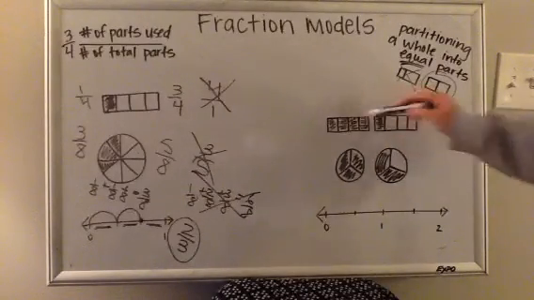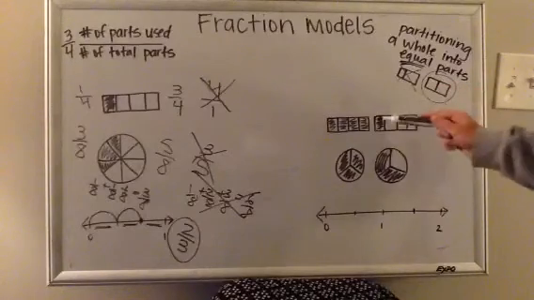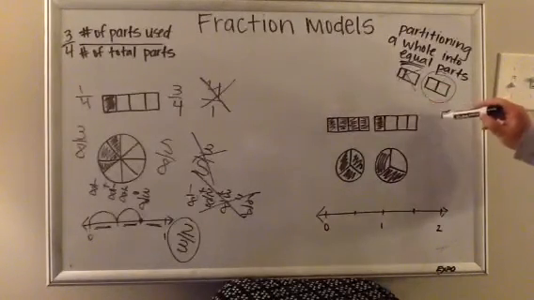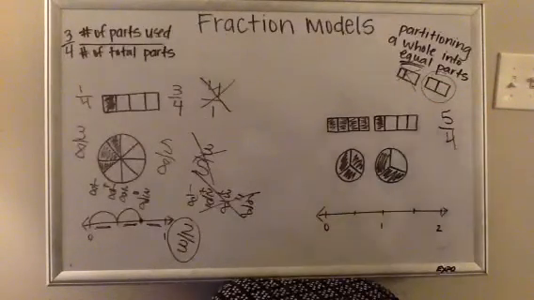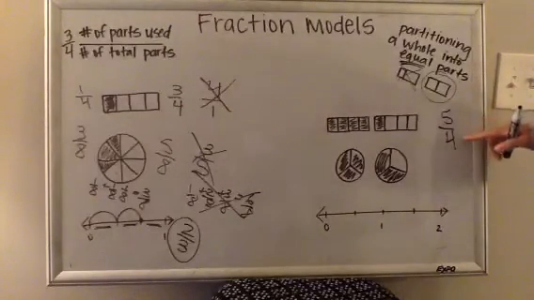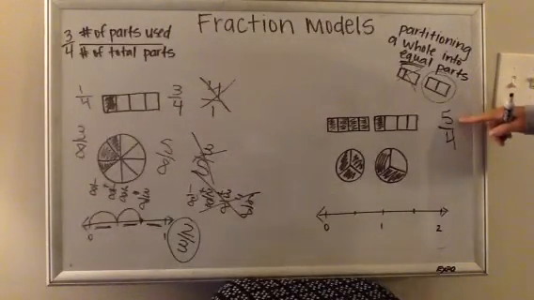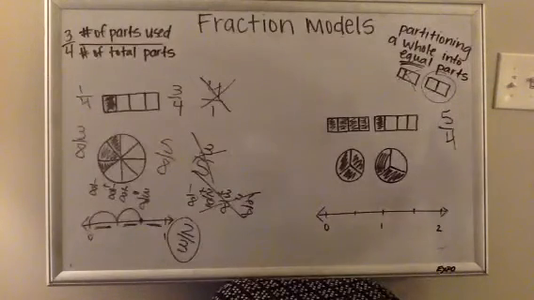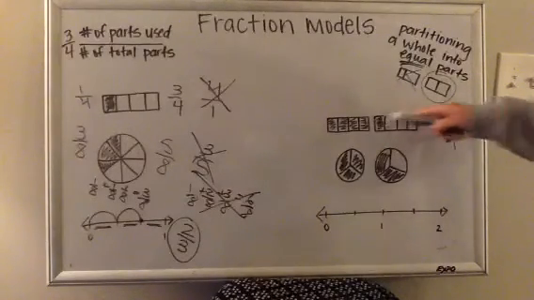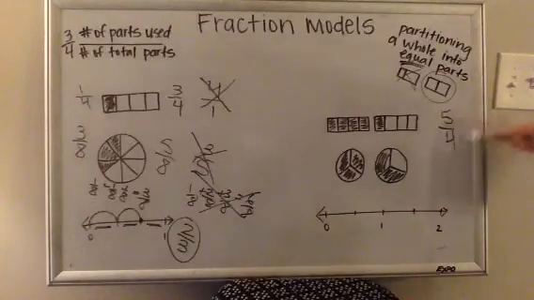We say fourths here and fourths here. And how many are shaded in? 5 fourths. They're broken into 4 parts, and we're using 5 of them, and that means we're using more than one whole. A whole has 4 parts, and we're using more than that, so that's why this makes sense.